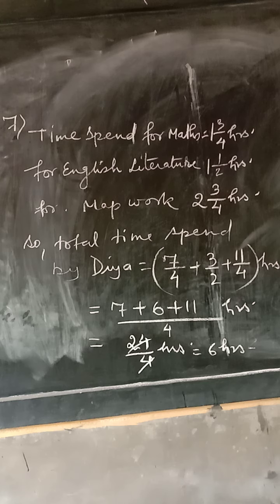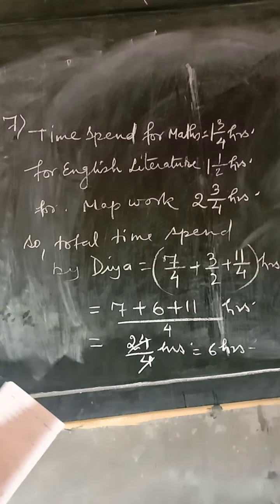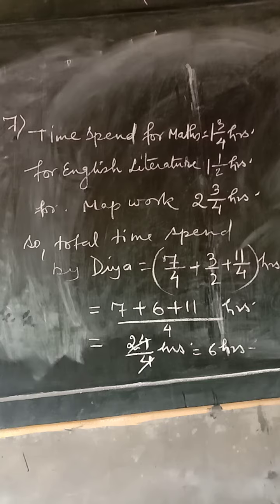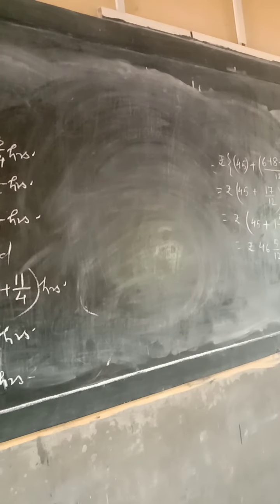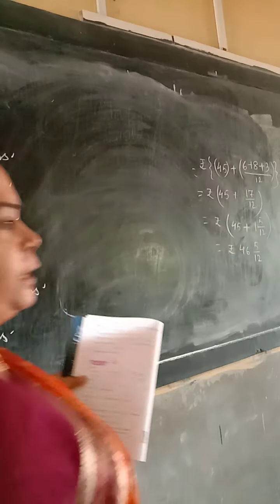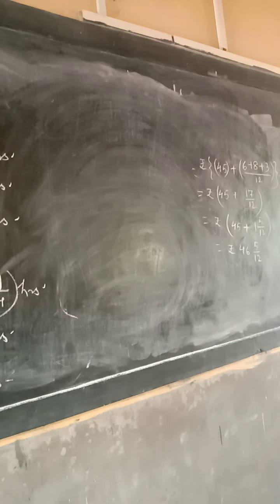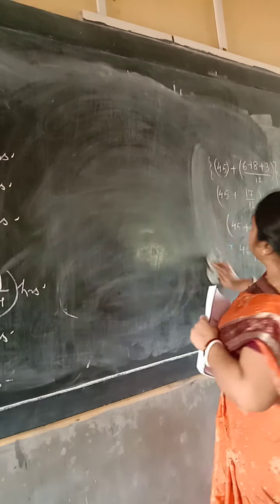Next we have subtraction of rational numbers. In the next exercise, we have subtraction of rational numbers. So here it's the same as fractions only.